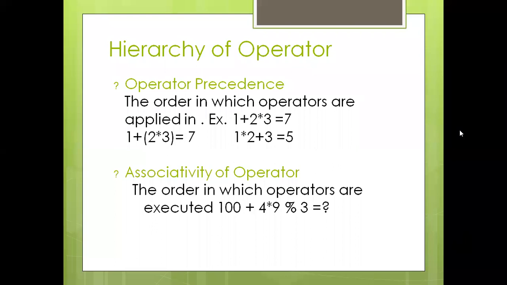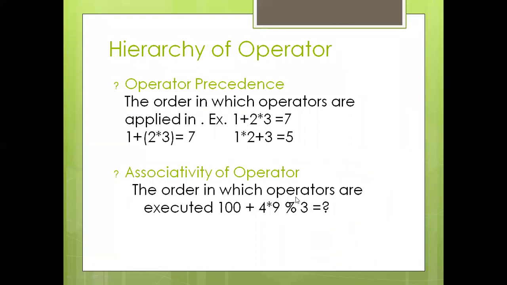It will be decided by the associativity. All the arithmetic operators have left to right associativity. Left to right means the left operator will be solved first, then the right operator.